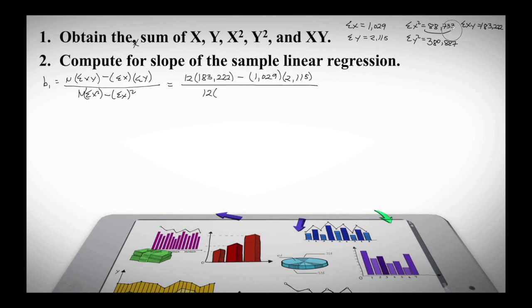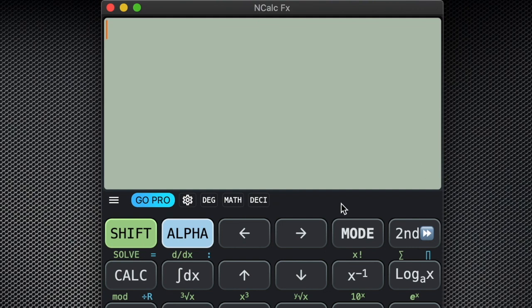Ito, we have 88,733 minus summation of X, 1,029. So, this 1,029 should be squared. Para ma-solve natin, let's go sa ating calculator para mas madali natin malaman kung ano yung kasagutan nito.